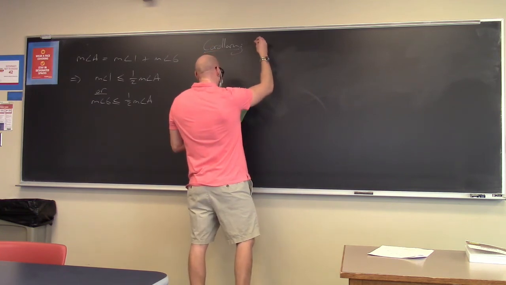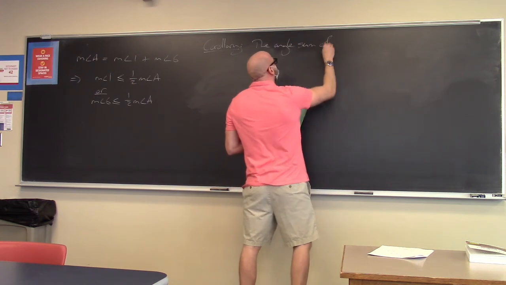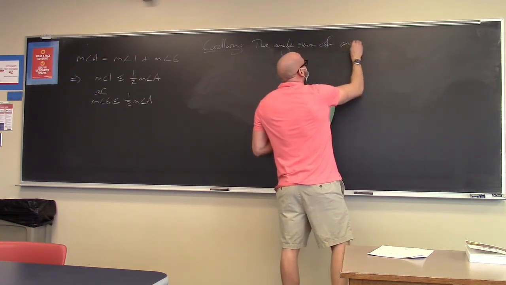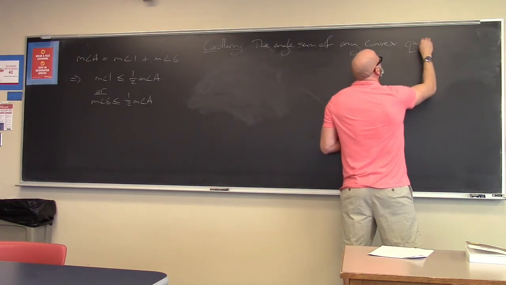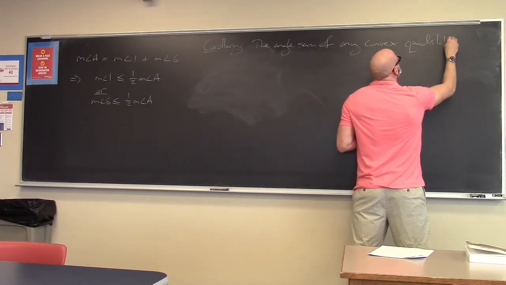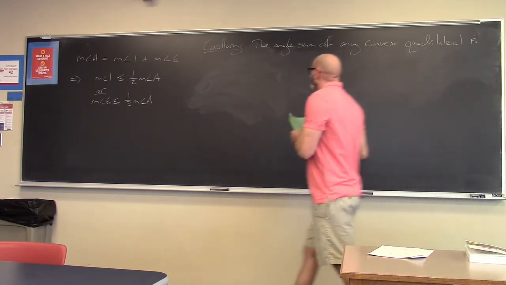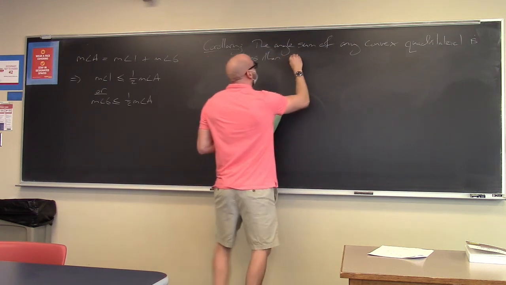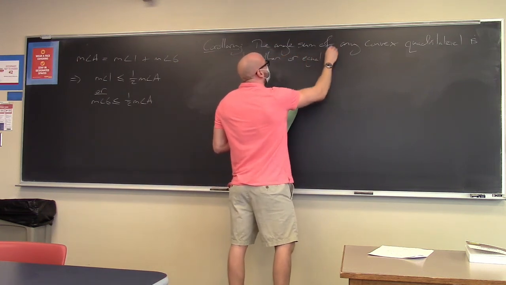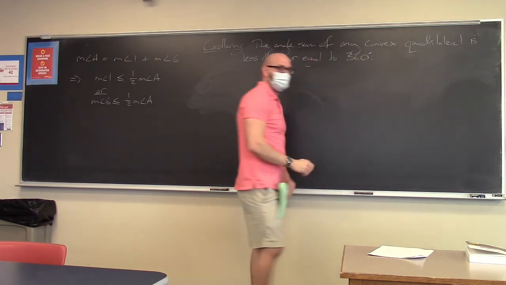So, quick corollary: the angle sum of any convex quadrilateral is less than or equal to 360 degrees.